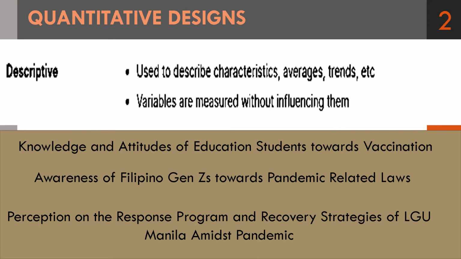Next, sa pangalawa naman is dinidescribe yung awareness ng mga Gen Z sa mga pandemic-related laws. Diba? Next naman, dinidescribe naman dito yung perception ng mga Manilenyos sa response program at recovery strategies ng LGU Manila during the pandemic. So, yun yung descriptive.